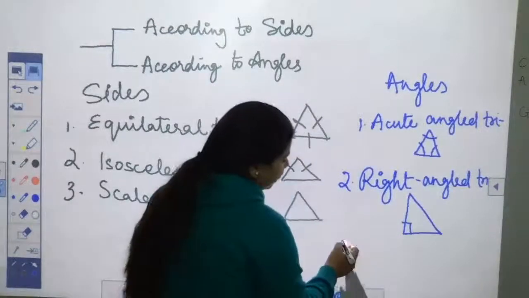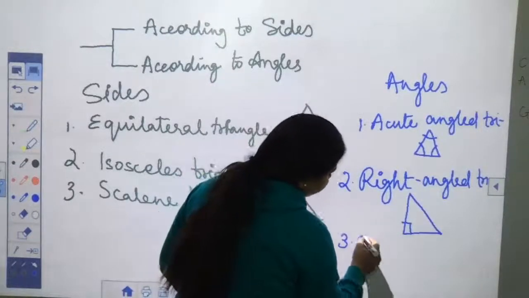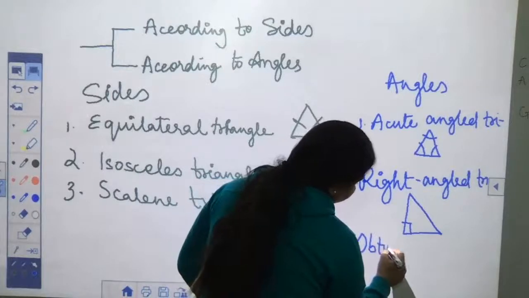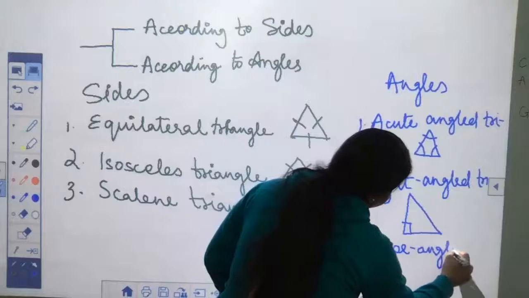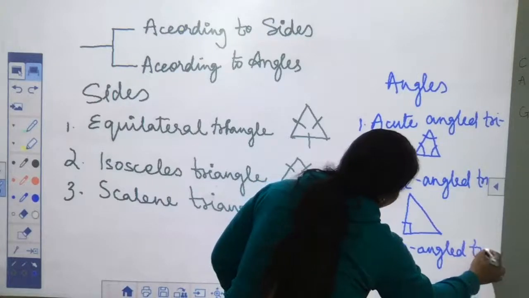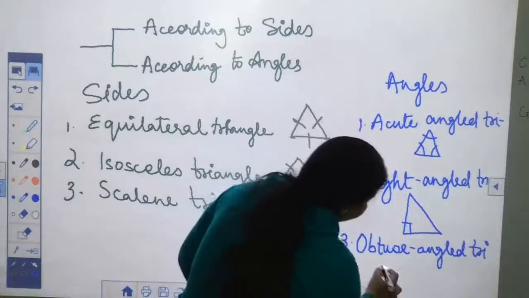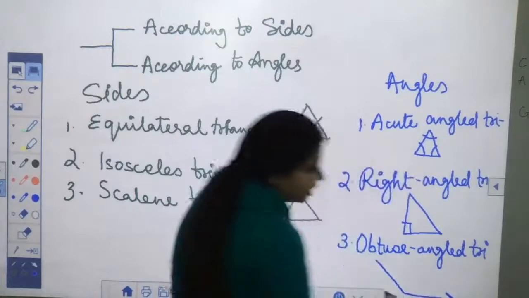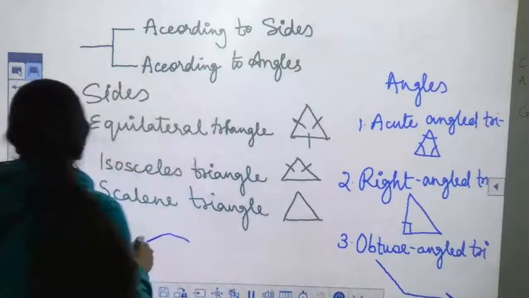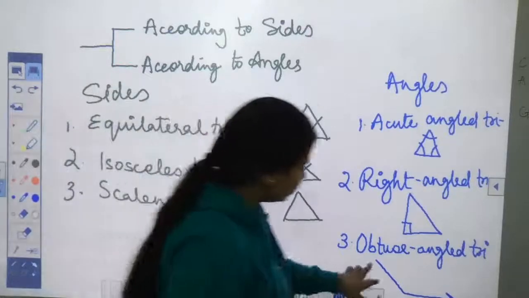And the last one is obtuse angled triangle. You must have understood the concept. The triangle with an obtuse angle. Oh sorry, I've drawn an obtuse angle which I need not to draw.